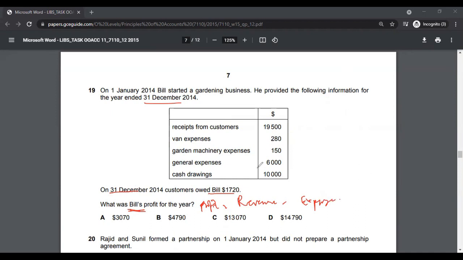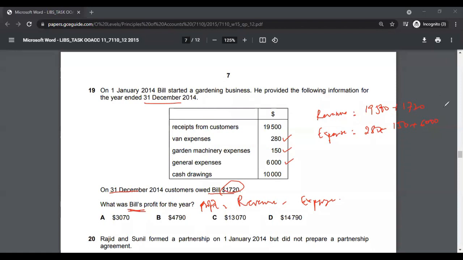The first thing you would calculate is the revenue. So revenue would be 19,500 plus the accrued amount, because you must receive this from the customer, even though you have not received it yet. It's owed, but this is what you have sold. So this is your revenue. When it comes to expenses, you would take 280, that's van expense, plus the gardening machinery expense 150, and then the general expense of 6,000.